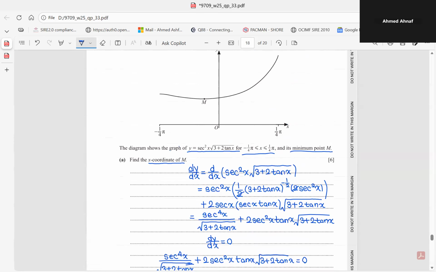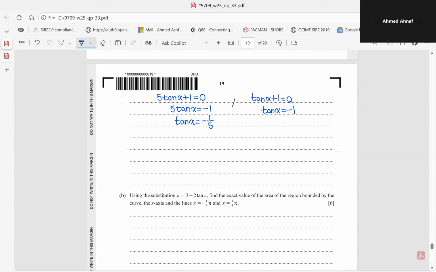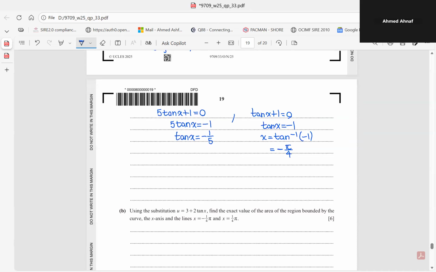So let's look at where m is. So m is between -π/4 and π/4. So for this one, if you take x as tangent inverse of -1, you will get -π/4. Okay, so as I said, m is between π/4 and -π/4, so we'll reject this.